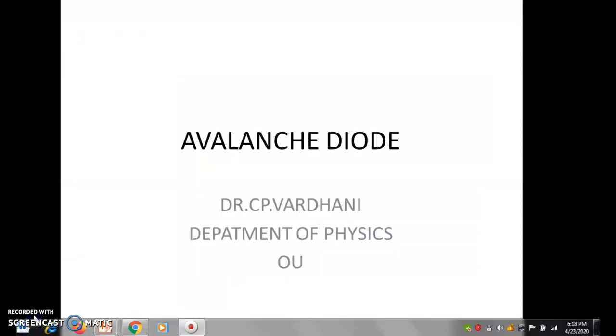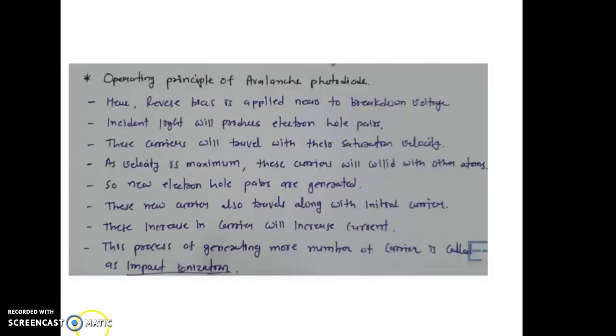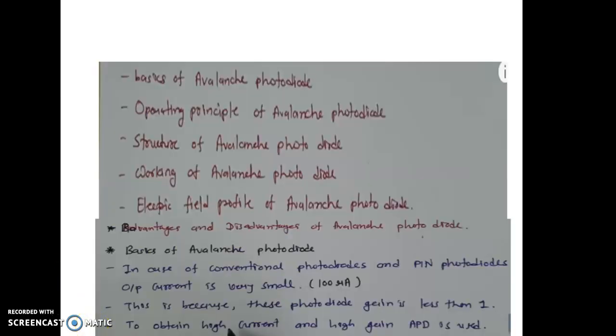Next, avalanche photodiode. Basics of avalanche photodiode. We'll discuss the operating principle, structure, working, electric field profile of avalanche photodiode, and advantages and disadvantages.